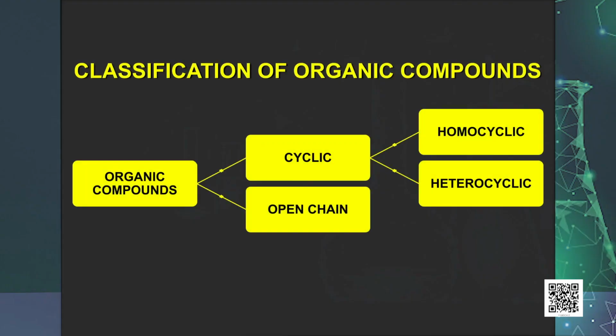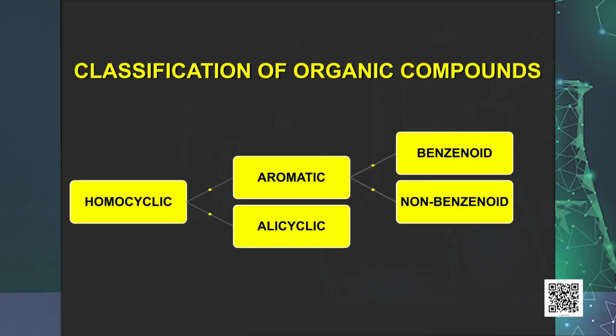These two categories are homocyclic compounds and heterocyclic compounds. First, we talk about homocyclic compounds. Homocyclic compounds contain rings which are made up of carbon atoms. These compounds are further divided into two subcategories: alicyclic compounds and aromatic compounds.